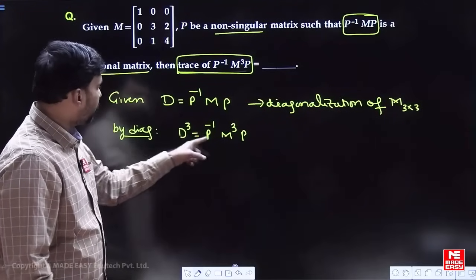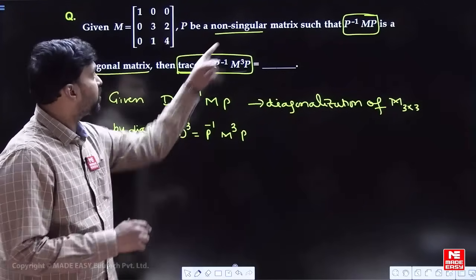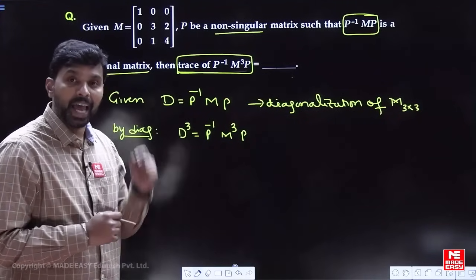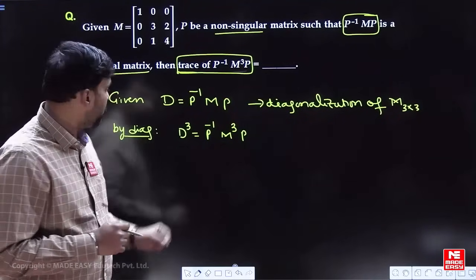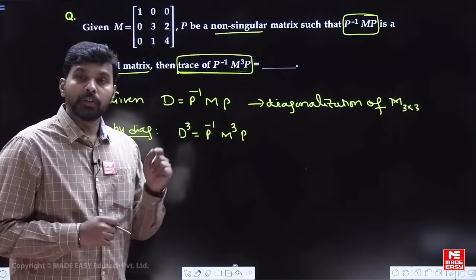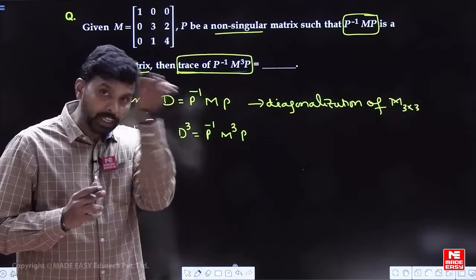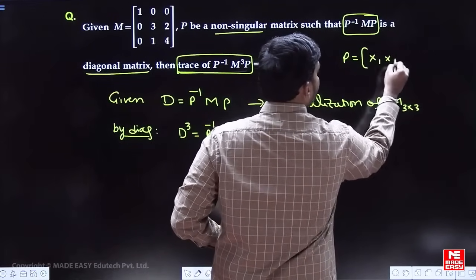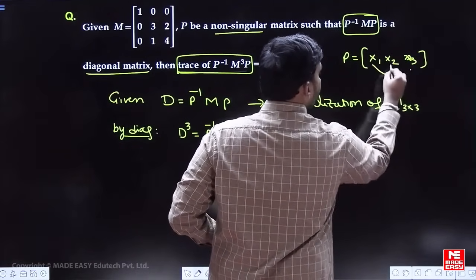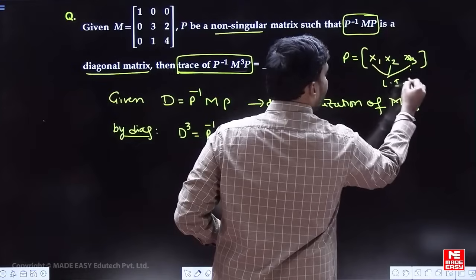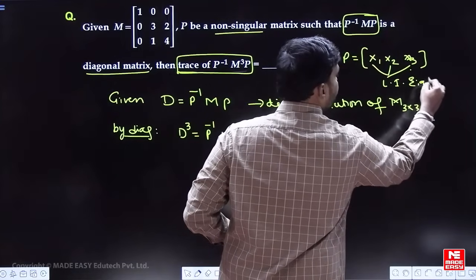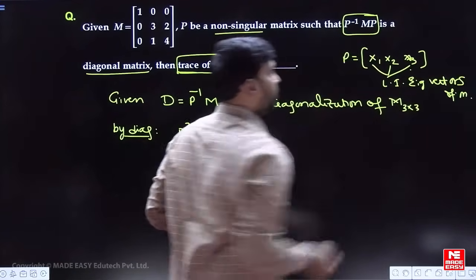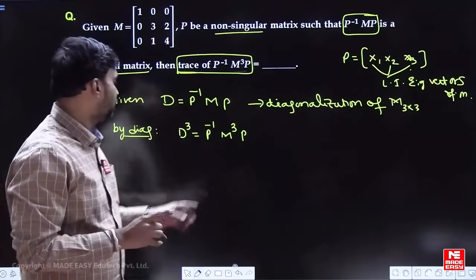So why can we write this, why are the P and P inverse, which are non-singular matrices, not changing? Actually my dear students, according to diagonalization, what is P? That is a modal matrix which consists of the eigenvectors, right or not? P is x1, x2, x3. These are the linearly independent eigenvectors of M. Correct or not? Yes.